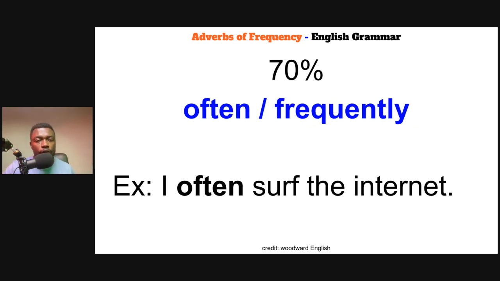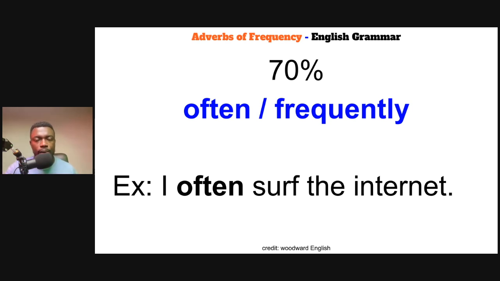Okay, so we see often and frequently. Often and frequently mean about the same thing, and it means about 70% of the time. I often surf the internet.